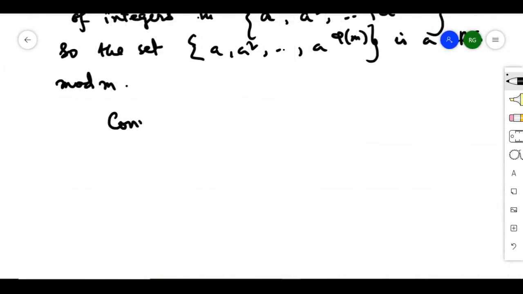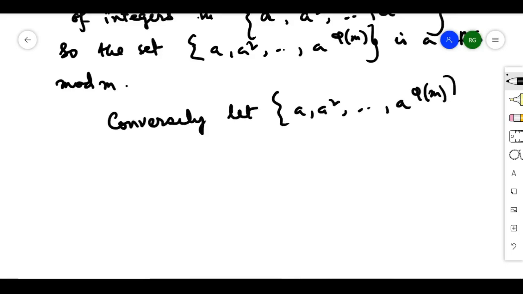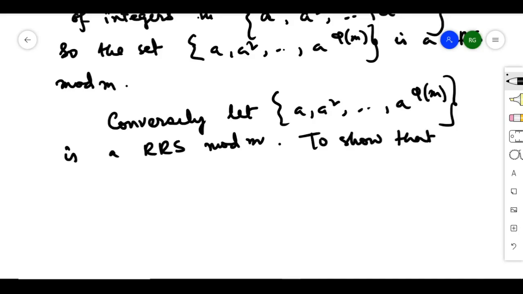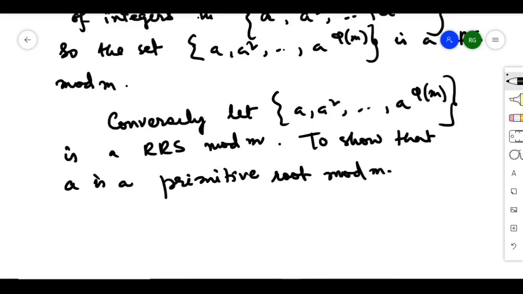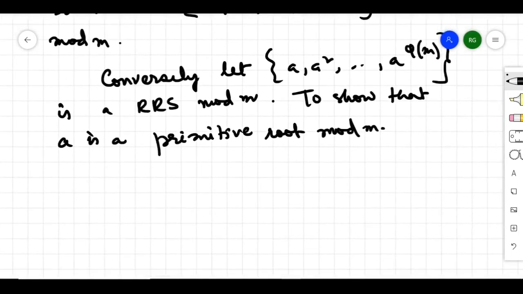So converse part: a, a squared up to a to the power phi m is a reduced residue system mod m, to show that a is a primitive root mod m. Now as a and m are relatively prime, why is it so?